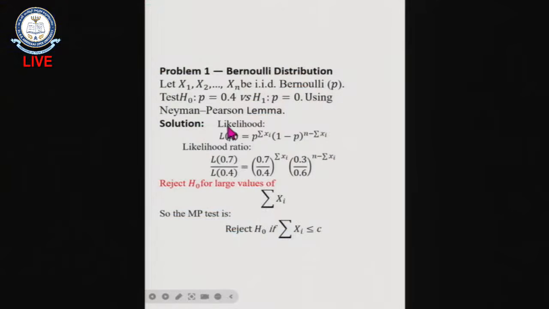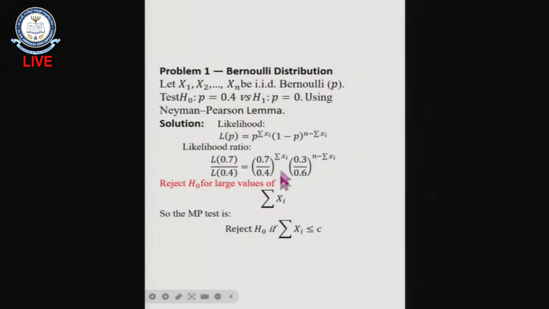Under H0, p equals 0.4 versus H1, p equals 0.5. According to the Neyman-Pearson lemma, we define the likelihood function. The probability mass function is p power x into (1 minus p) whole power 1 minus x, where x equals 0, 1, the two possibilities.